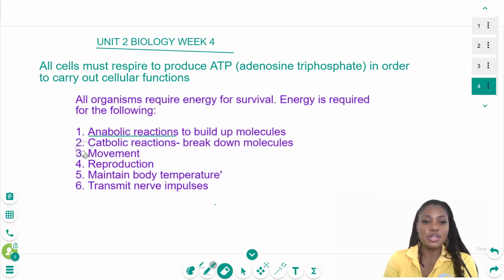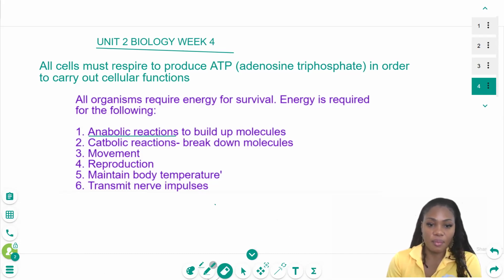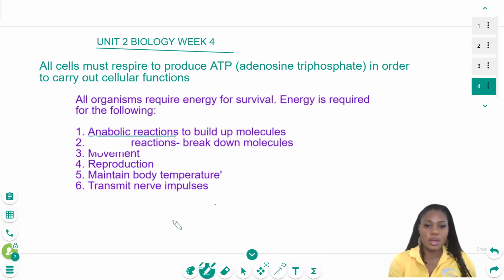You also need energy for catabolic reactions.